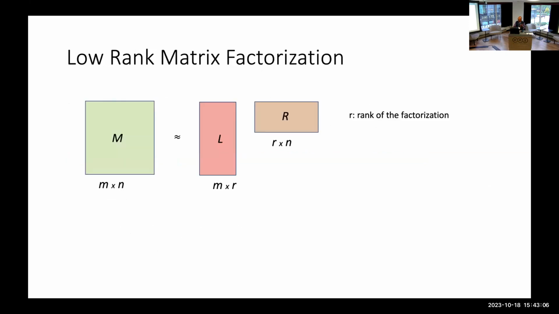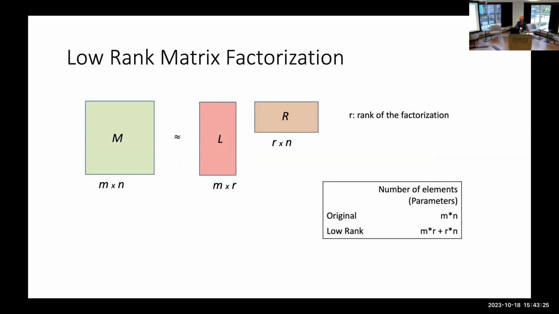So this is the basic low rank factorization we are looking at. In this work, we are just trying to compare two ways of doing the factorization of the weight matrices. This is the standard low rank factorization, where the M by N matrix is factored into these two low rank factors, L and R.